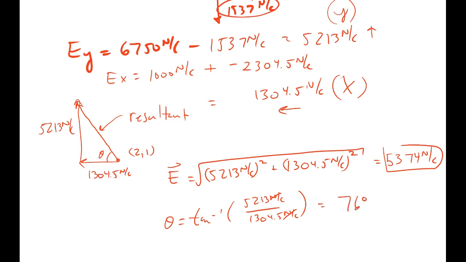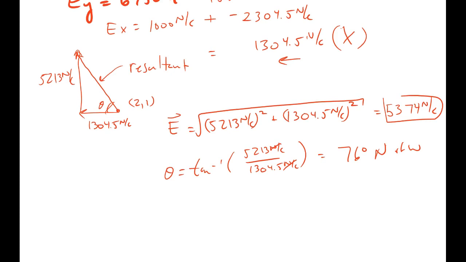Remember, that's north of west by how I have it pictured, because it's in the second quadrant. And so E as a vector is 5,374 newtons per coulomb at 76 degrees north of west.